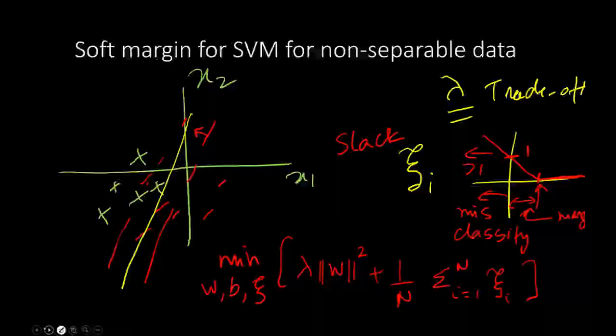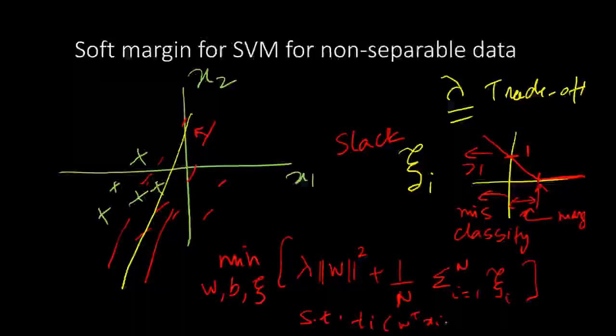Here one more thing that I forgot to write is that there is a constraint. The constraint is that, for all i, we have t_i times (w transpose x_i plus b) greater than or equal to 1 minus xi_i, and all xi_i's are greater than or equal to 0.